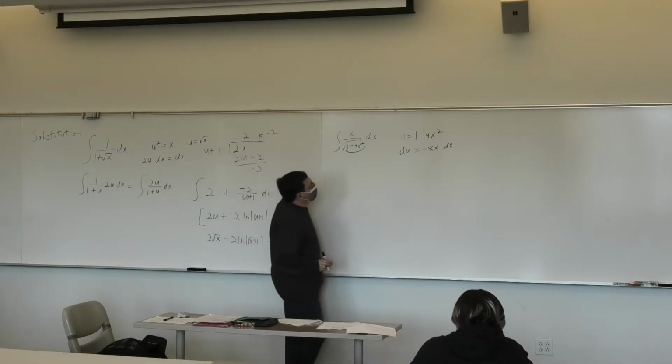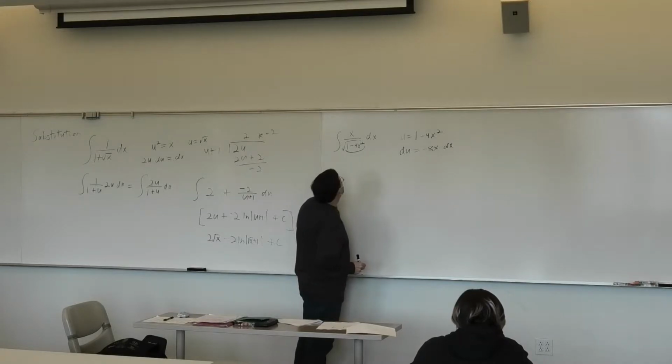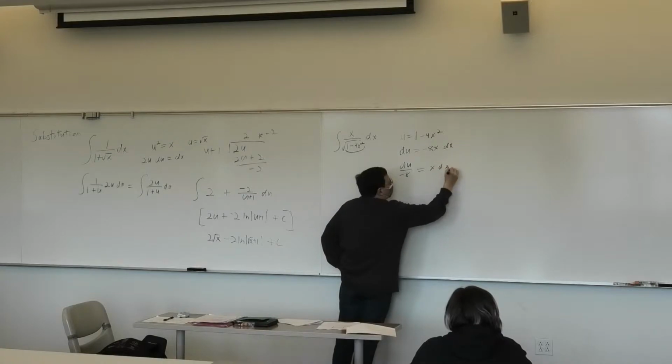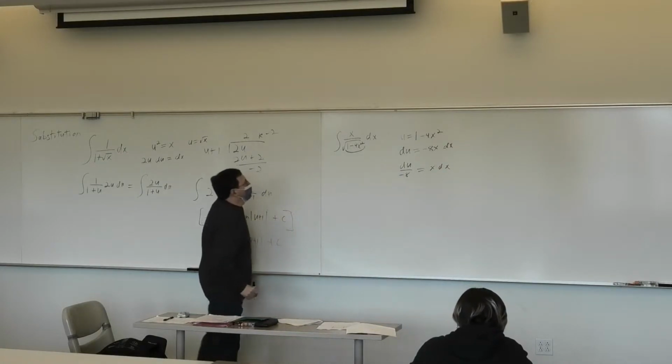All right. So let's write this: du over minus 8 is x dx. That'll make the substitution easier.